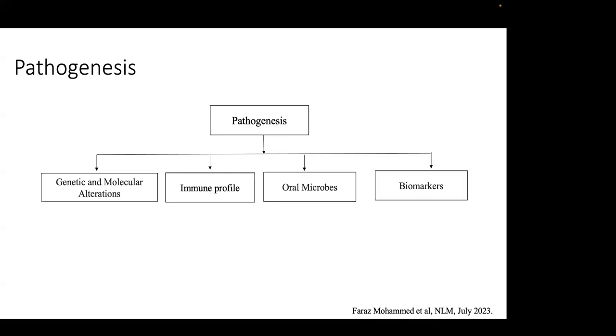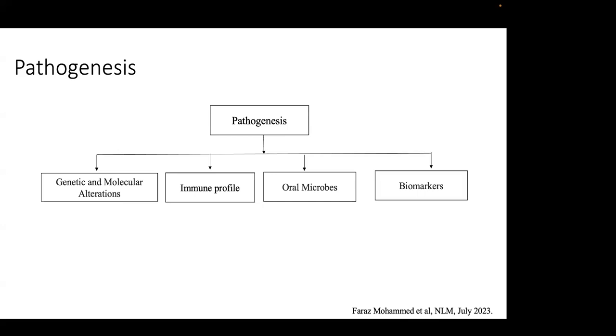There is also an increased amount of CD8 plus T cells, cytotoxic T cells, and T regulatory cells, but this is more seen in the subtype that is proliferative verrucous leukoplakia.